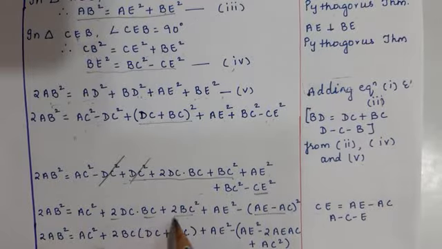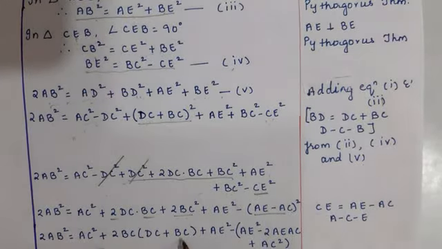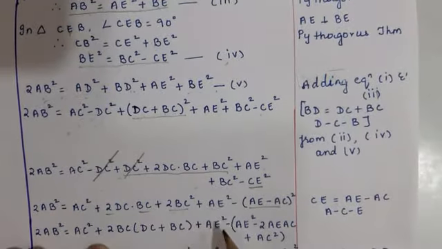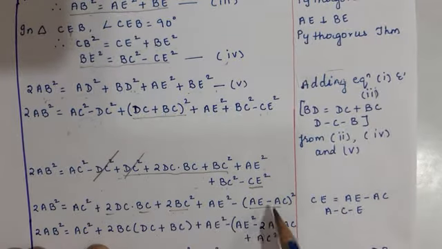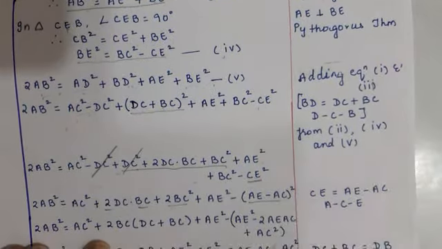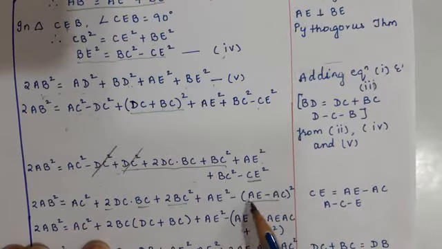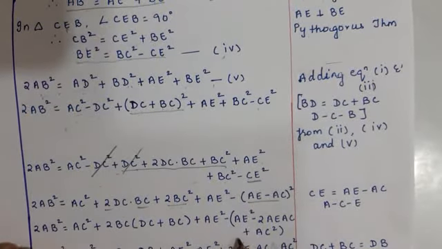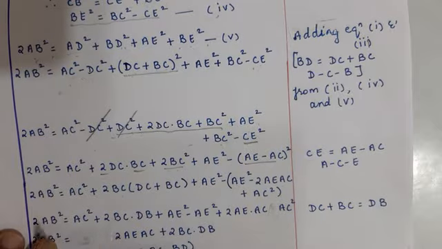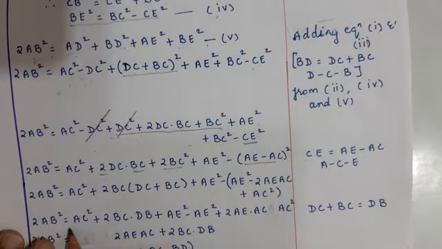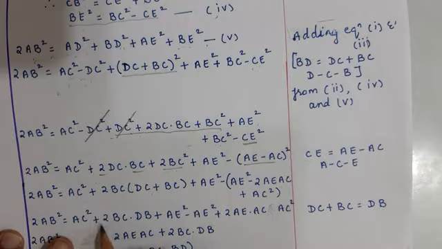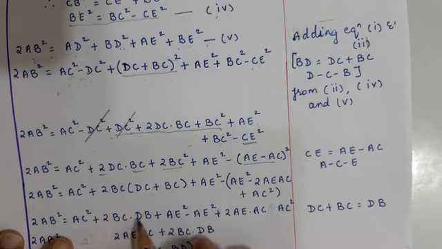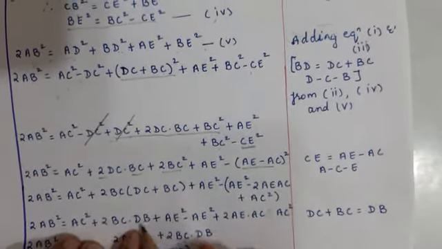So 2BC into DC plus BC, plus AE square minus, now this is again a minus b the whole square formula, so we have AE square minus 2AE into AC plus AC square. That formula I have applied here. Now 2AB square is equal to AC square plus 2BC into DB.